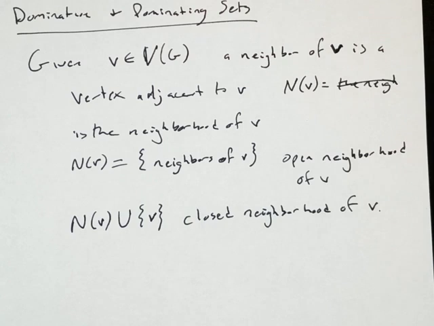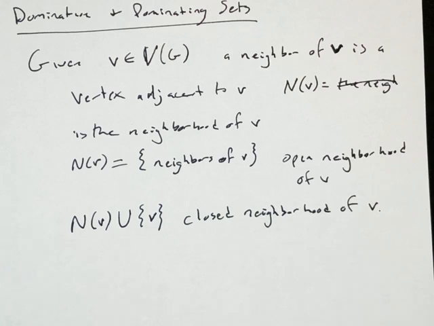So I thought about edges covering the vertices they hit. I talked about vertices covering the edges they hit. I'm going to say that V, in some sense, covers its neighborhood. But instead of using the word cover, I'm going to use the word dominates.